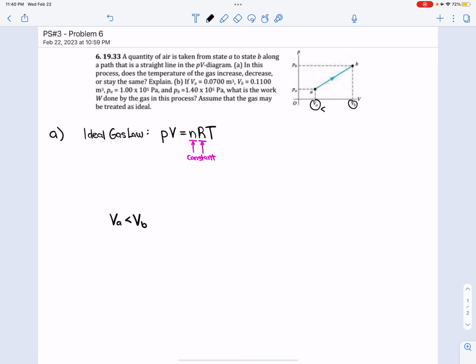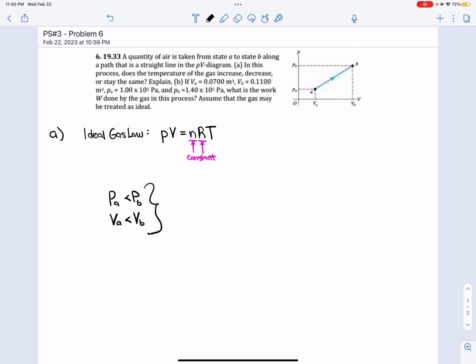Because it's on the left side. And the same, our pressure at state A is less than the pressure at state B. Okay, so pressure at A is also less than pressure at B.